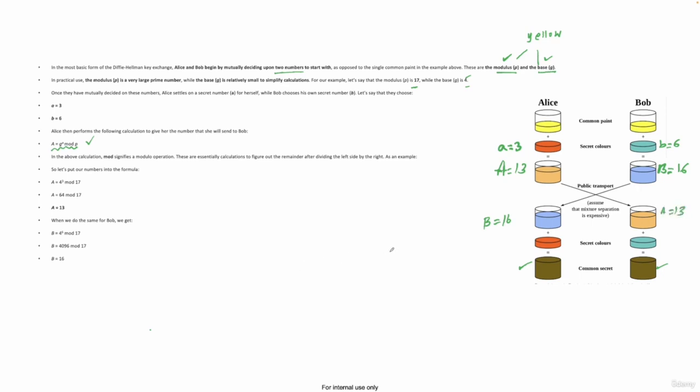Perfect. Now the next stage is that Alice needs to apply her secret key and Bob needs to apply his own secret key. Let's see how mathematically it works. We call S as B to the power of a modulus P. Now B we know by now is 16.